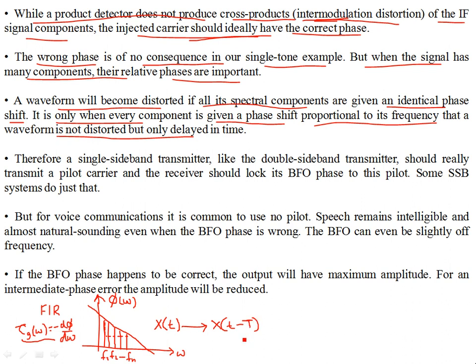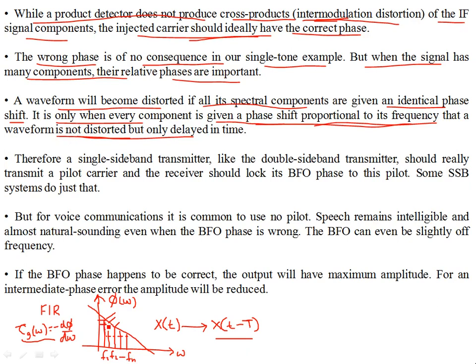The shape of the signal remains intact. It's just delayed in time. So if the phase shift is proportional to the frequency, the waveform is not distorted. If for each spectral component the phase shift is proportional to the frequency, you don't have a problem.